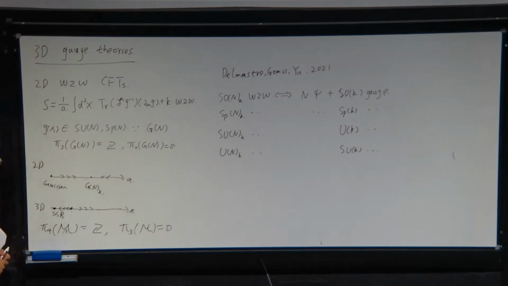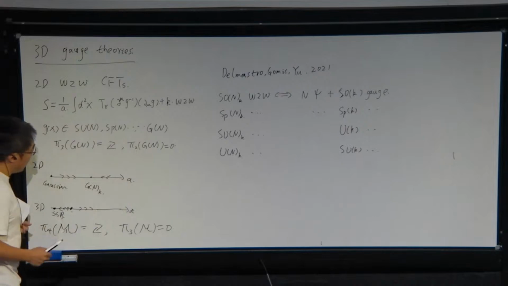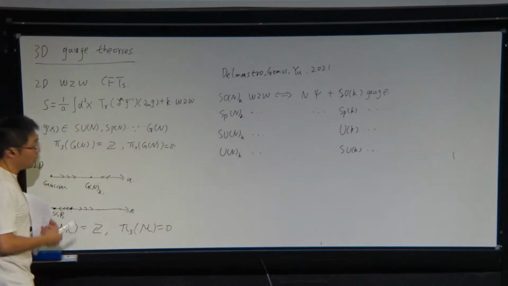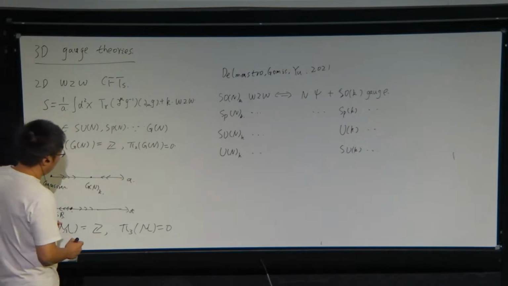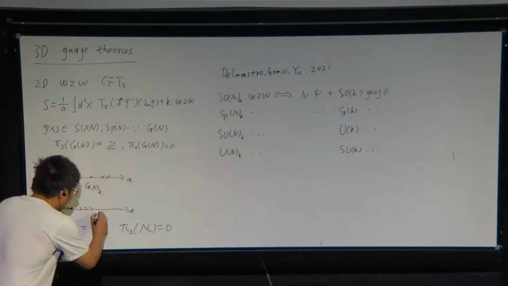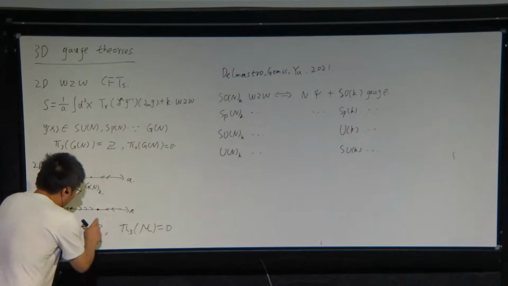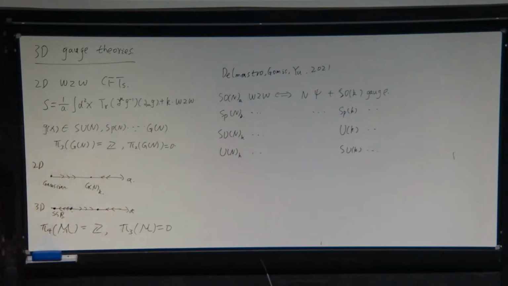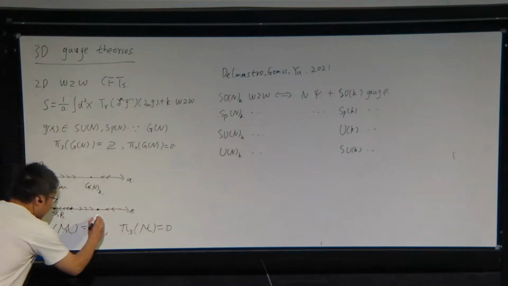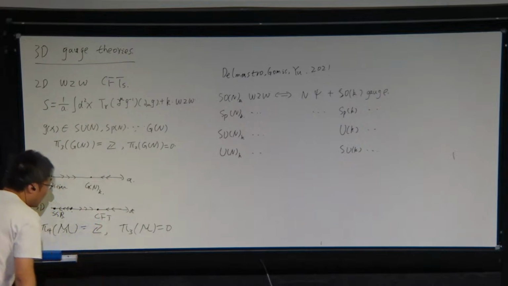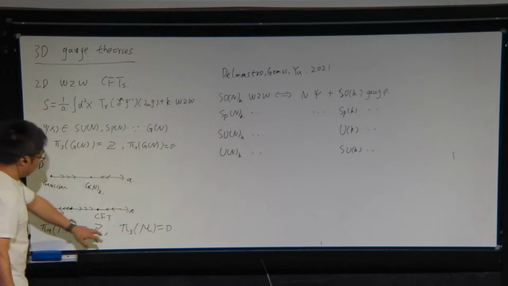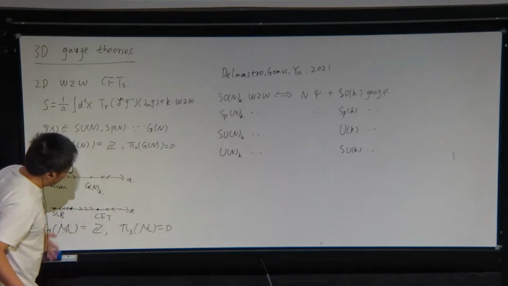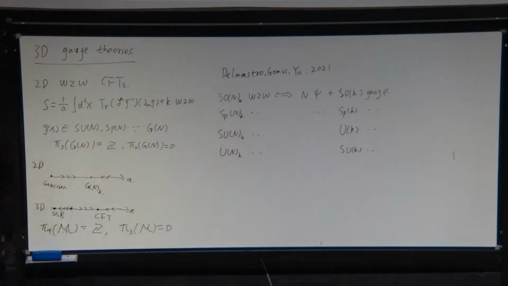Okay, so now let's ask, what if you have a topological term? The conjecture is, if you have this Wess-Zumino-Witten term, I will still have a non-trivial CFT fixed point, and some of those CFT fixed points will be gauge theories if you choose the manifold to be the Grassmannian.